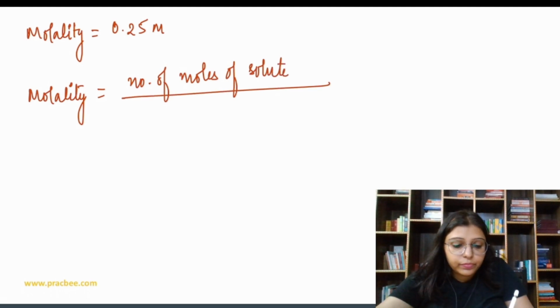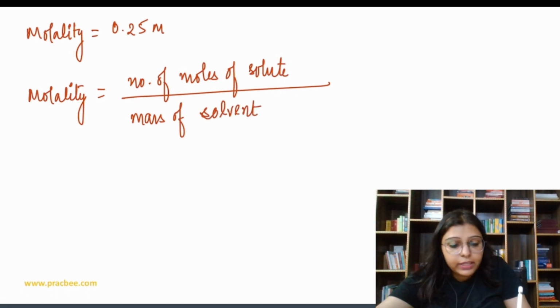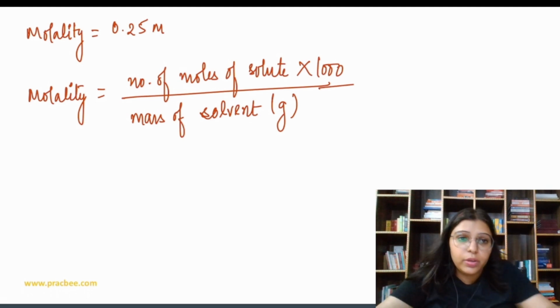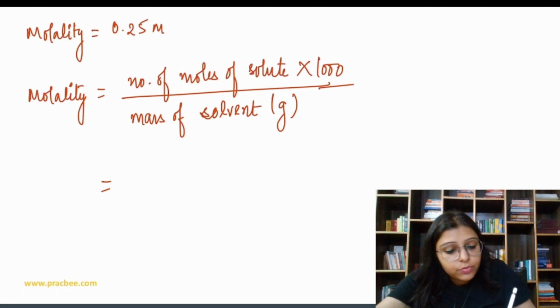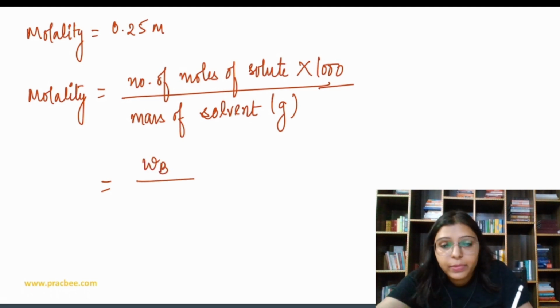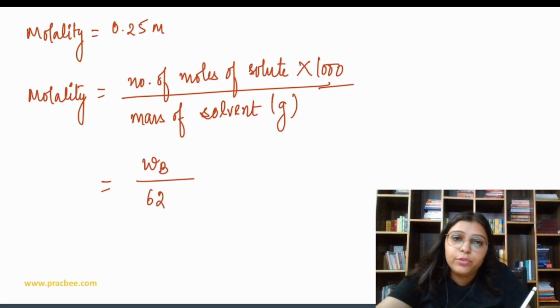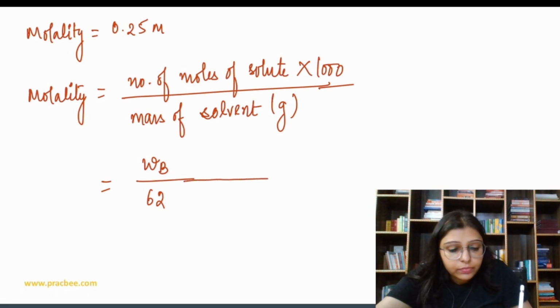divided by mass of solvent in kg. But if mass of solvent is in grams, then we have to multiply the numerator with 1000 in order to convert mass of solvent into kg, right? Number of moles of solute is WB by MB, obviously 62 we have to take. Okay? Now into 1000, mass of solvent. How to calculate mass of solvent?